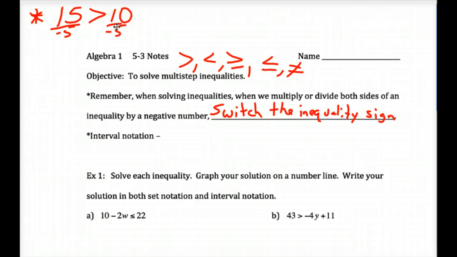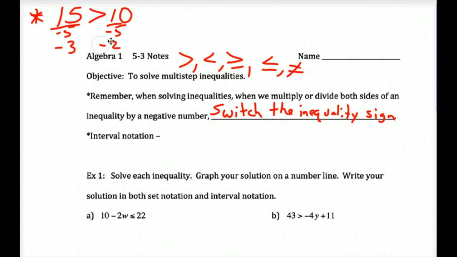Remember, with inequalities, just like equations, whatever we do to one side, we have to do the same thing to the other side. Golden rule of math. So now, what does each side say?